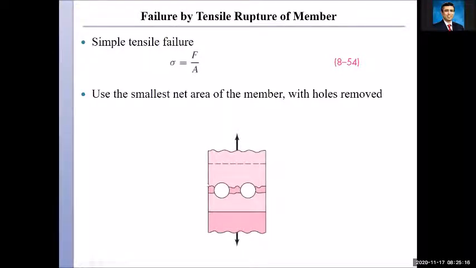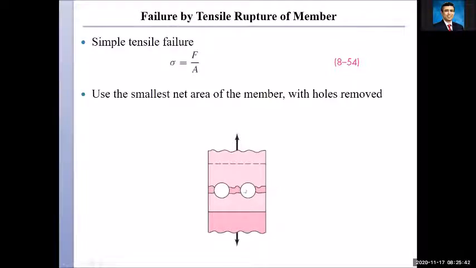So you see, there is another tensile failure of the member, but you want to differentiate between the two. In this kind of tensile failure, we are failing the member across through the bolts, all the way across. And we can find the axial stress that's going to cause rupture by dividing the force by the net area.